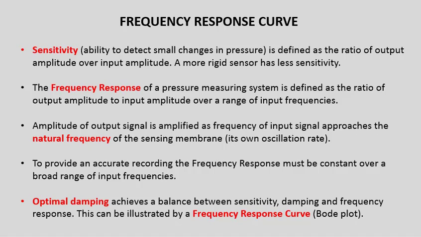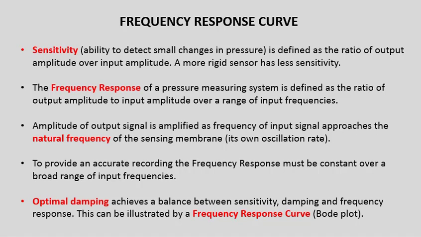Many factors come into play. The point is, every sensor system, every measurement system, every sensor has its own natural frequency. Say that sensor has a natural frequency of 100 hertz, 100 cycles per second.